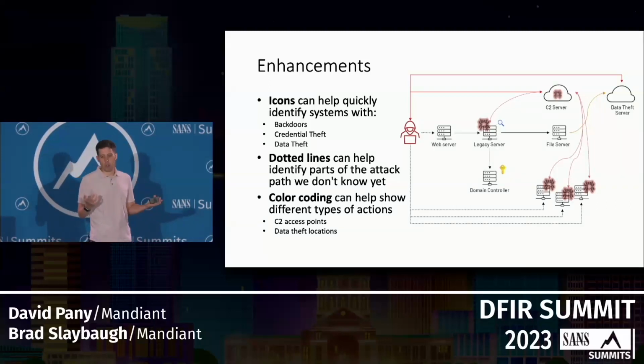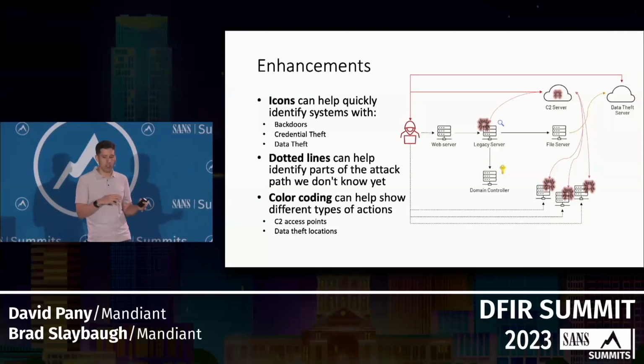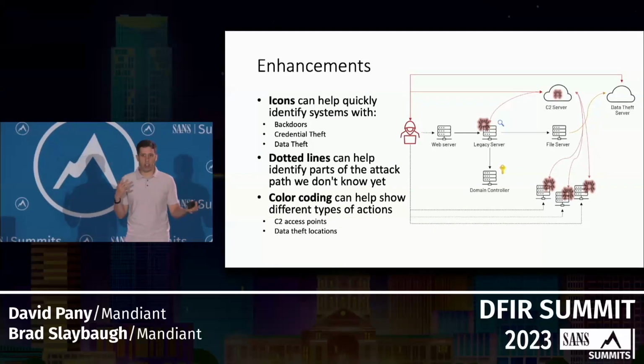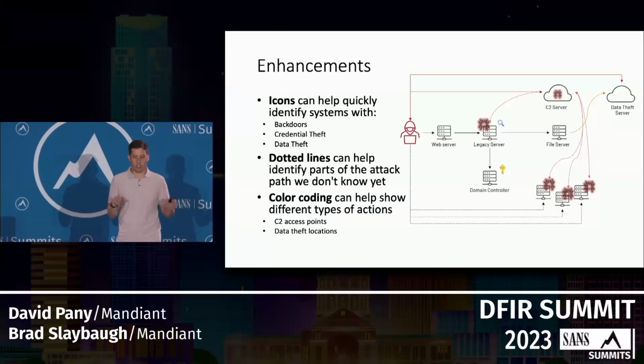Another thing too, with data exfil or data theft, a lot of times the attacker will copy data from a file share to another server to then exfil it out to their server. So we can use a different color coding there as well, to make it easier whenever various audiences who may not be as familiar with the investigation are looking at it, so they can quickly identify the points of interest.